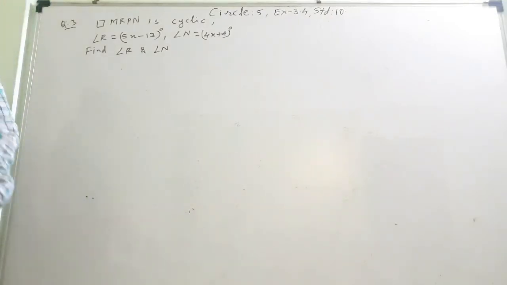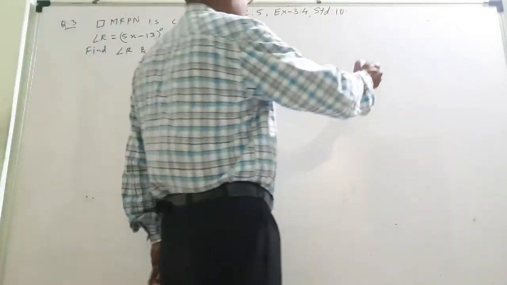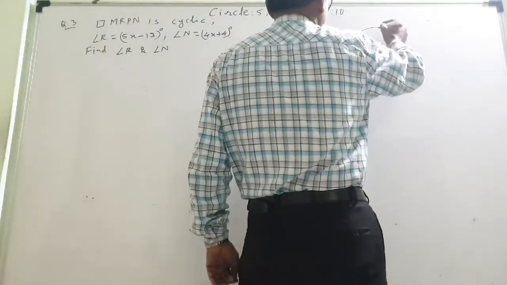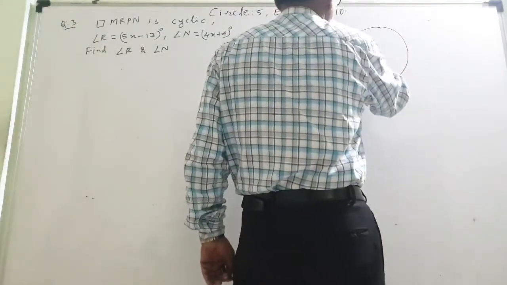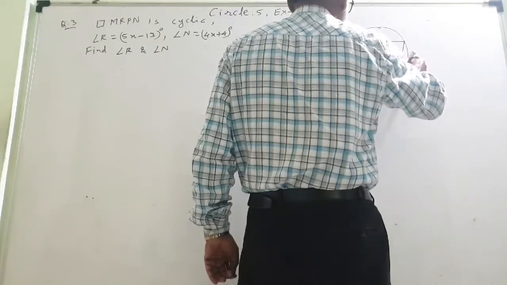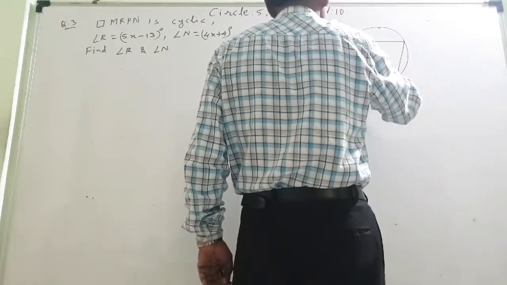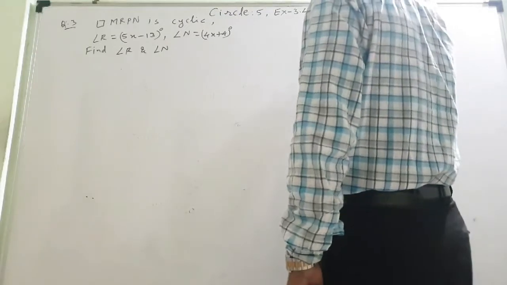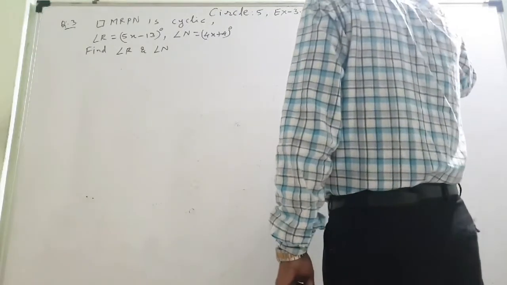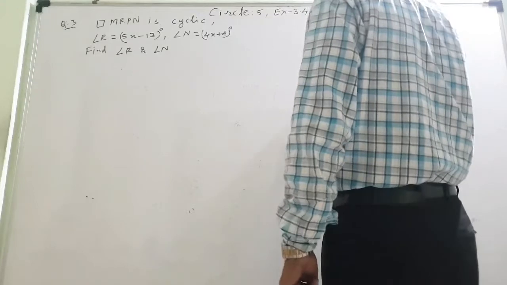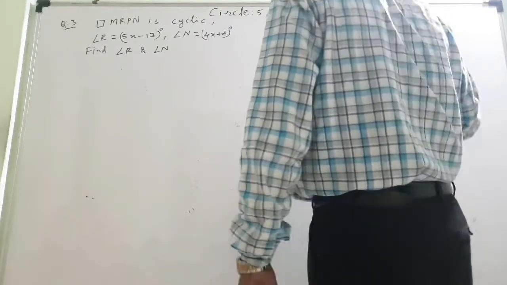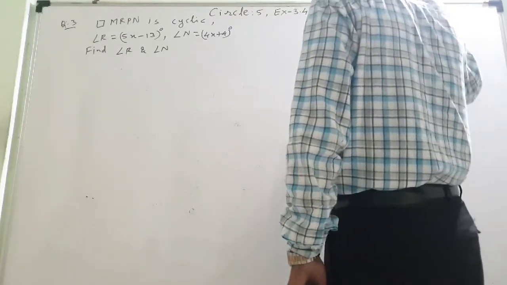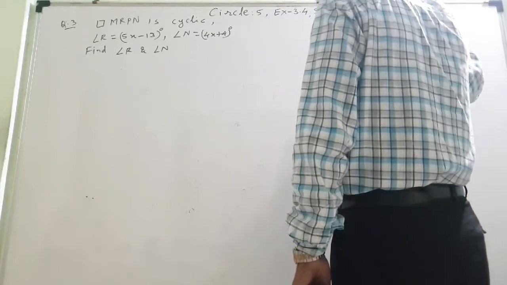Cyclic quadrilateral, okay. So we will try to draw the cyclic quadrilateral. Anyhow, this is the cyclic quadrilateral. Name is MRPN. Out of that, this R angle is 5x minus 13.